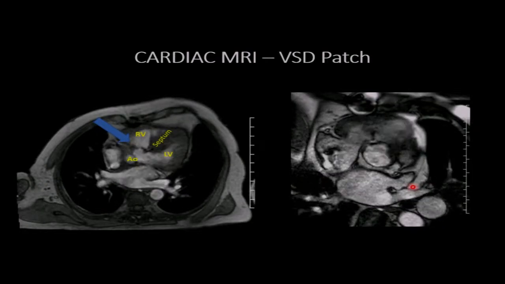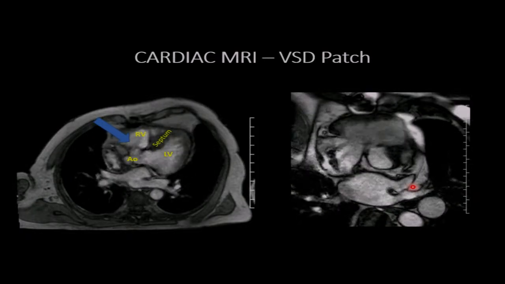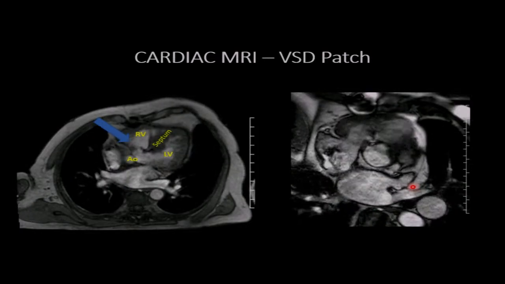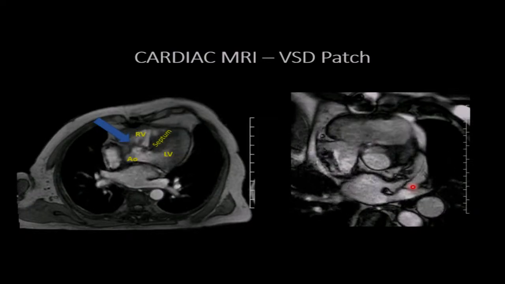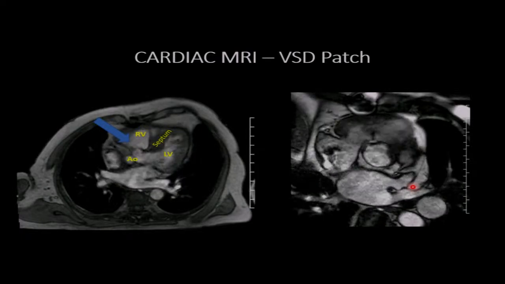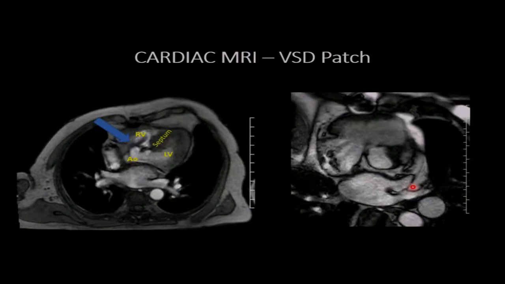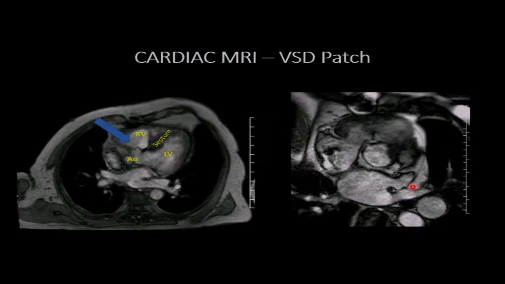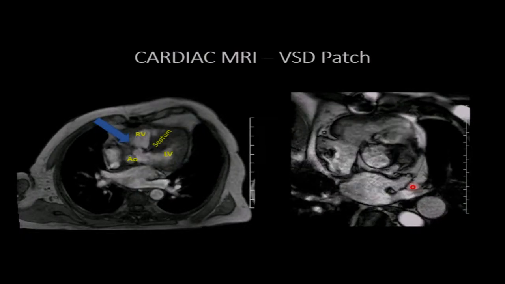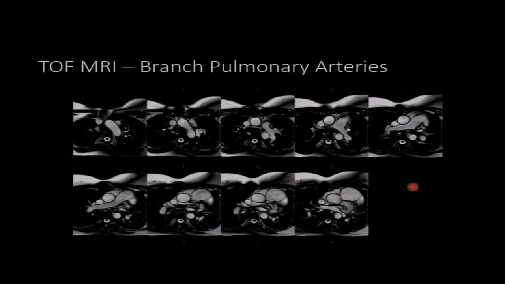Go on. When you have a residual shunt in the vicinity of patch material, these patients need SBE prophylaxis. Yes, good job, Rasha. Because this jet, even though the QP:QS is low and it's not causing hemodynamic issues, it prevents endothelialization of your patch, yeah? Usually these are very high velocity jets.